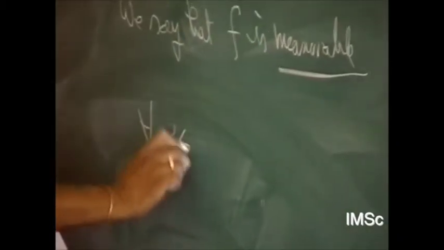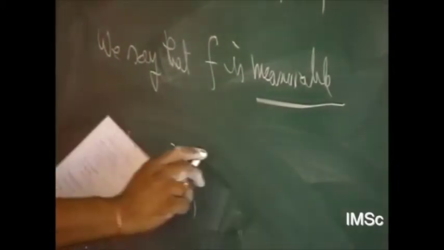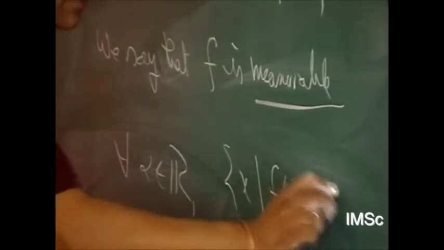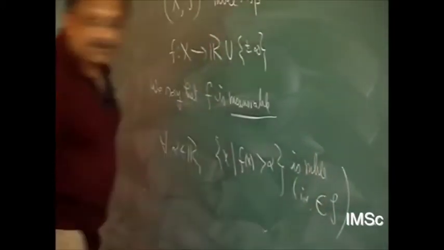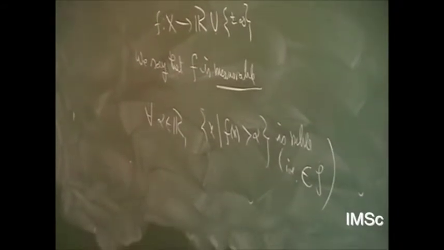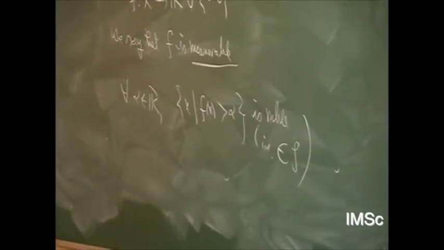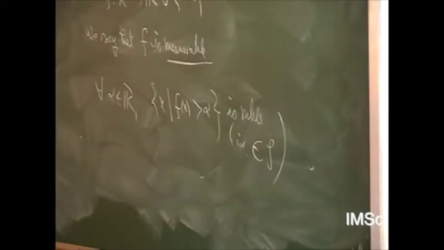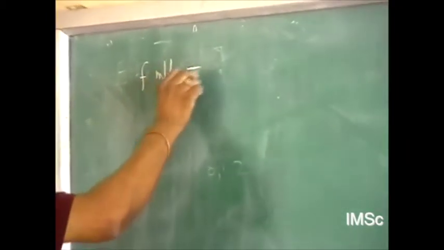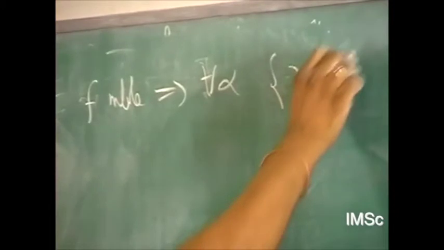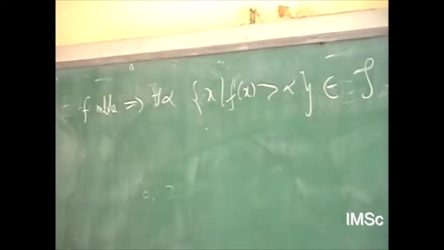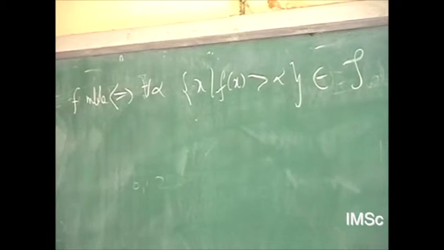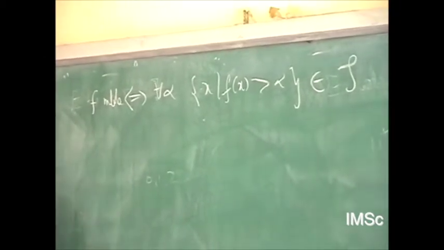For every alpha in R, the set of all x such that f(x) is bigger than alpha is in S. Now you take the set of all x such that f(x) is less than or equal to alpha.